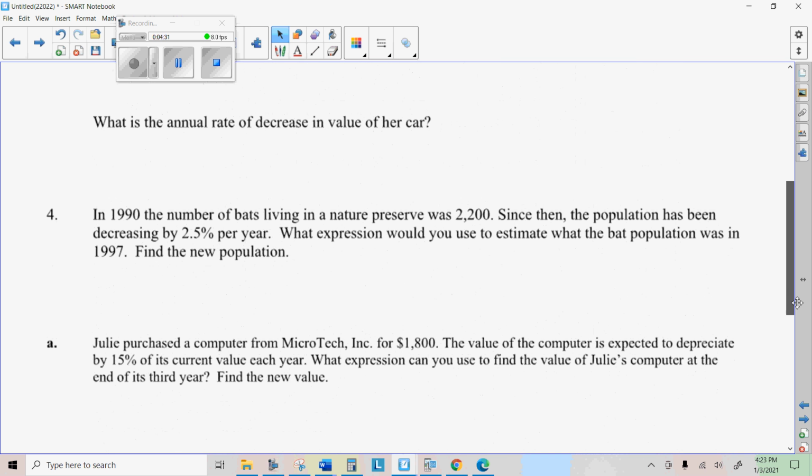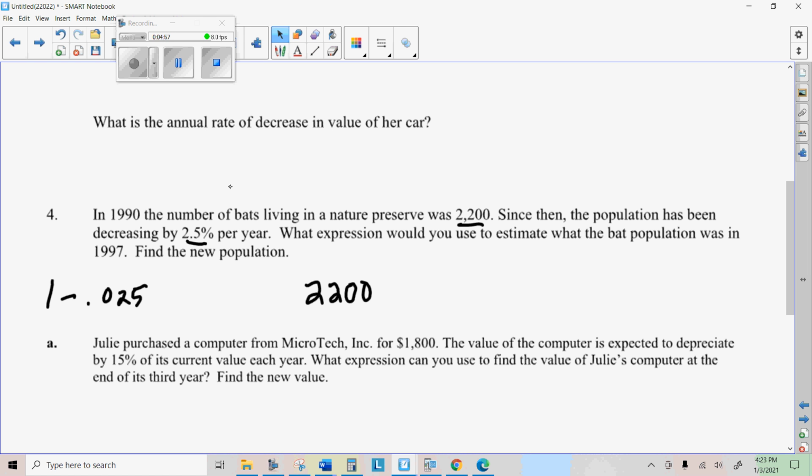Let's put it all together here. We have a number of bats living in a nature preserve. There's 2,200 to start with, and that's going to be the number that you start with in your expression also. The population has been decreasing by 2.5% per year. So I'm going to do 1 minus the decimal for 2.5%, which is 0.025.